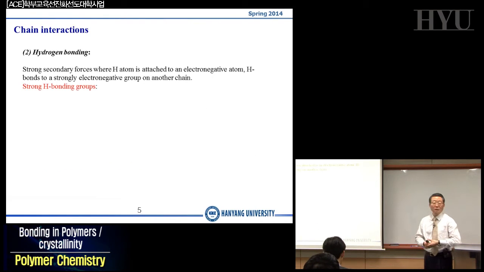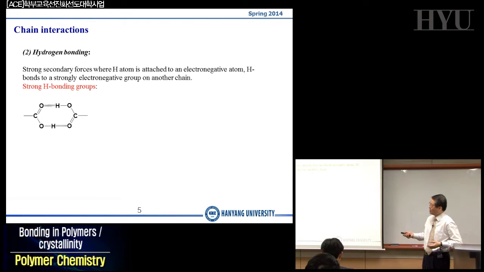The hydrogen bonding is one of the strongest secondary bonding forces, where a hydrogen atom is attached to electronegative atoms such as oxygen, for example carbon and oxygens, carbonyl.